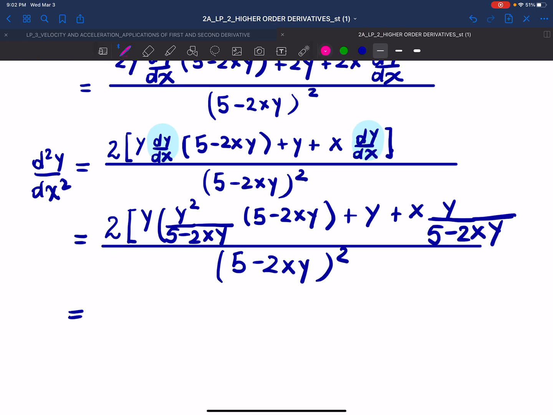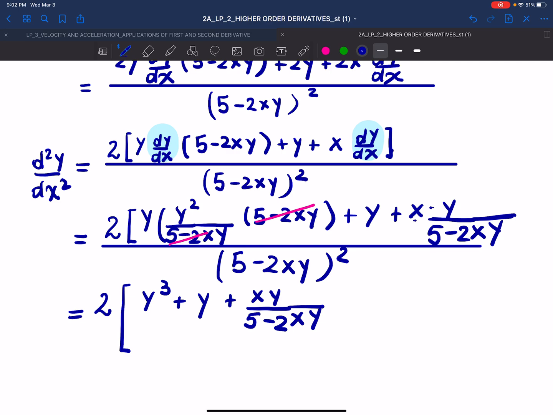So notice how here we simplify these two terms. And we'll have 2. And I will join this y with this y squared. That will give y to the power of 3. And then plus y to the power of 1 plus xy over 5 minus 2xy.